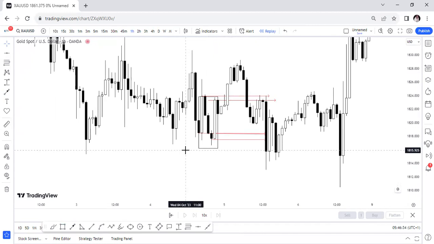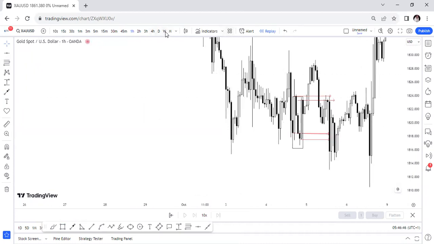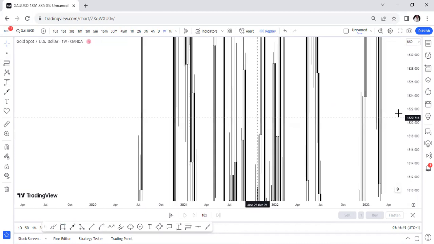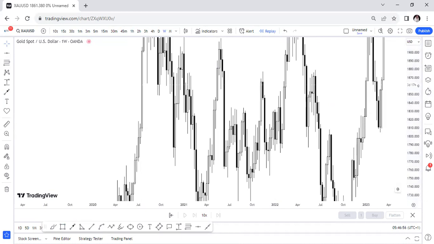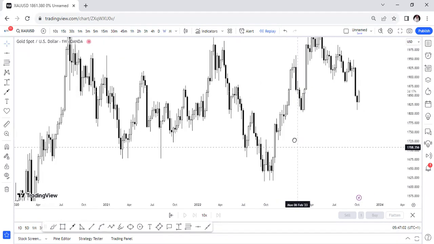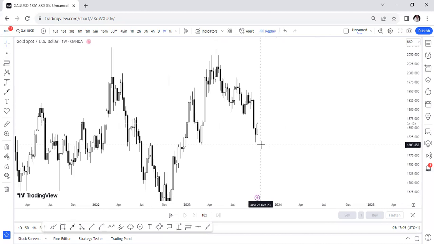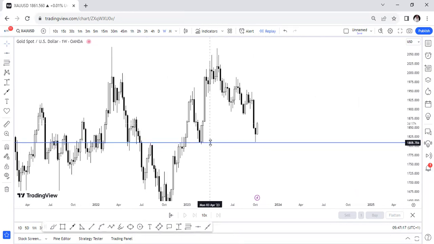So with that draw and stretch of attention for price to break through it, if you go to your, if you have started your storyline from weekly time frame, right? We have this.